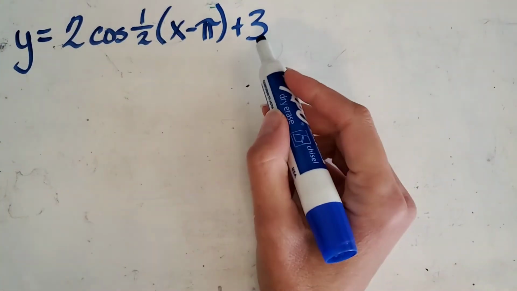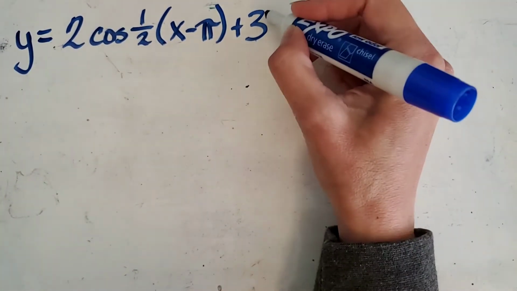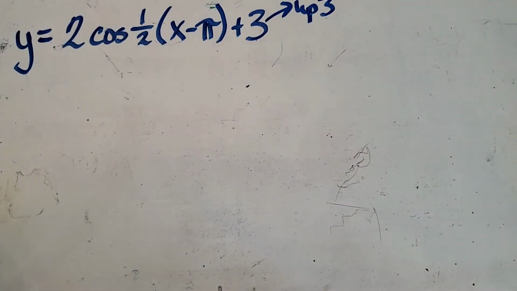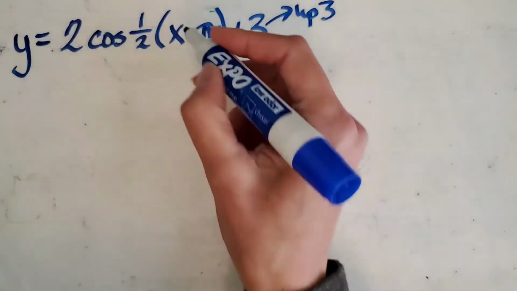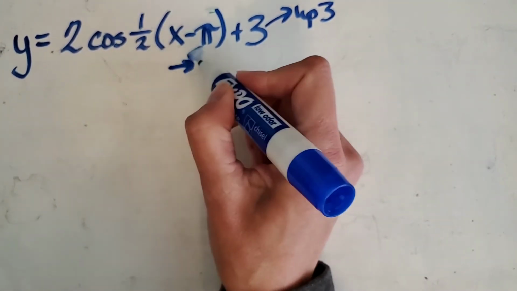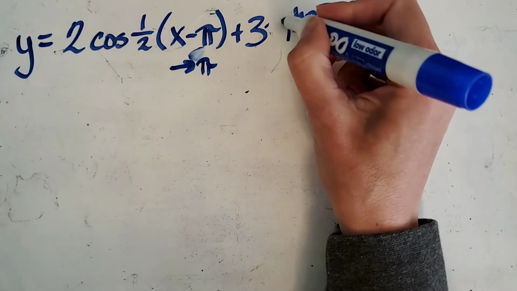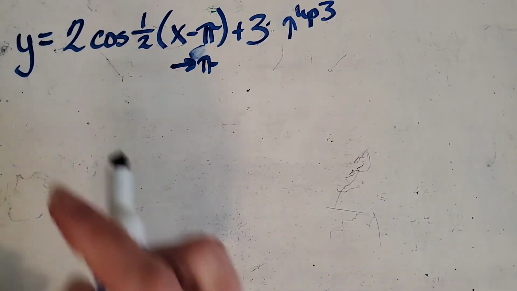So notice that I am shifting up 3. I'm just going to write like this means up 3. And this means, maybe I'll just go to the right pi. I should probably go up 3 to the right pi.